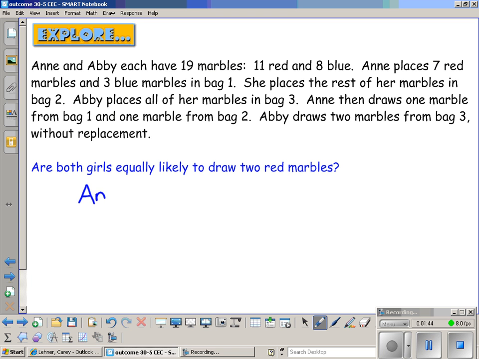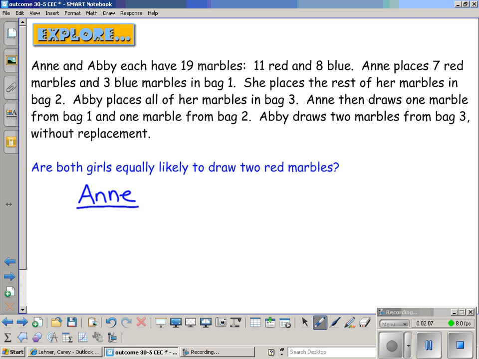Let's have a look at Anne. Now Anne has 2 separate bags. In the first bag, she's going to draw 1 marble, and in the first bag, she has 7 red and 3 blue. We want to know she's going to draw 2 red marbles.